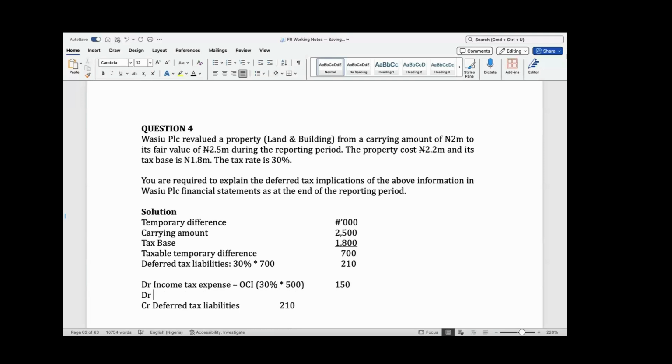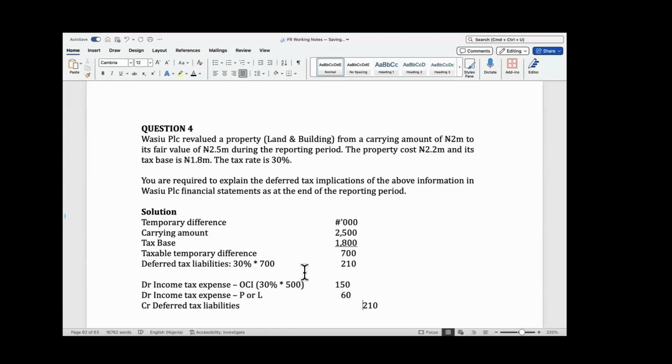The remaining will go to P&L because that one is not arising from the fair value surplus. It is the remaining 60. That's what I want to point out for you here.